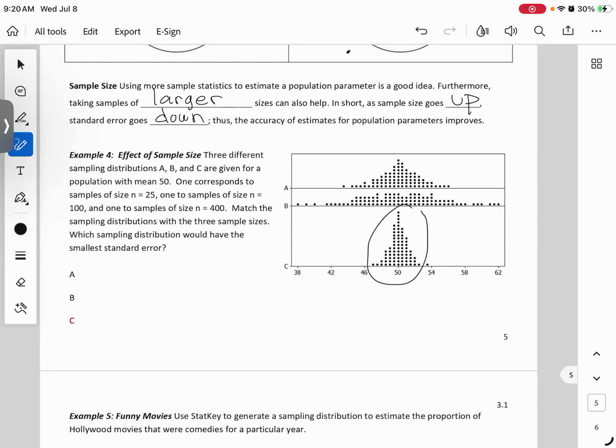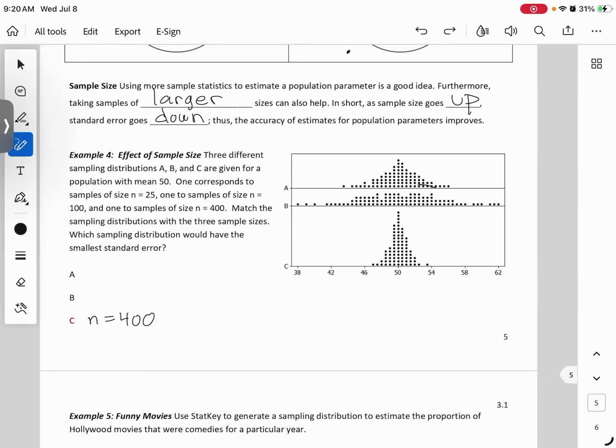The reason that one would be so narrow is because if they used either 20 or 100 or 400 dots in each sample, it would be the 400 one, where each one of these dots is 400 cases inside of each dot. That's the way to shrink your standard error. So you get a really skinny graph and a really narrow set of estimates.